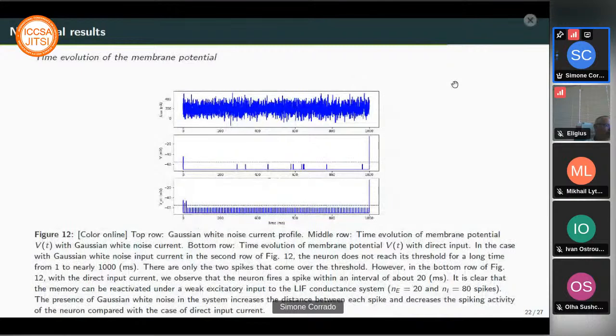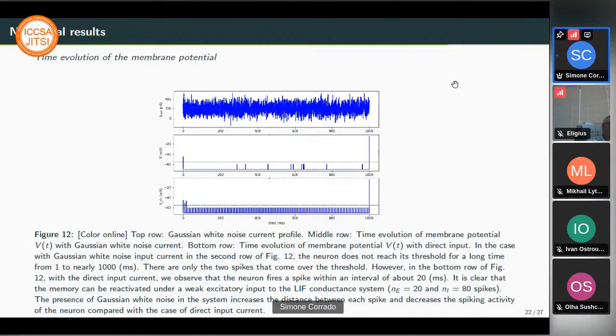What is presented here is in the same layout as before: the noise situation, then time evolution of the membrane potential, which is random, and the last is direct input. It is quite clear that the memory can be reactivated under weak excitatory input to this leaky integrate and fire conductance system for this specific situation, as you see.